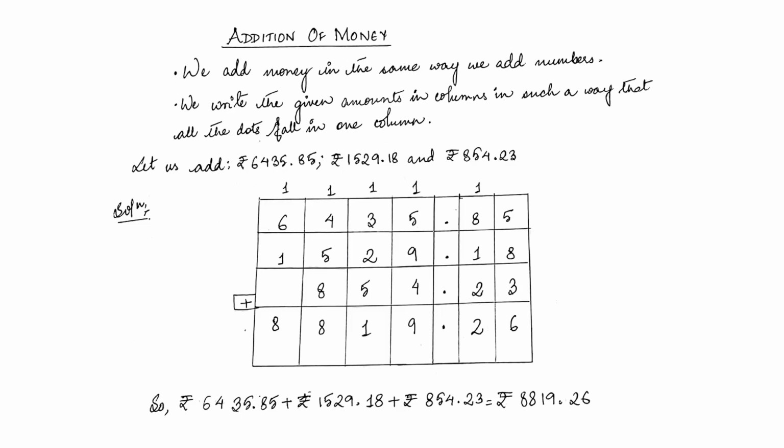So first of all we will arrange all the amounts in such a way that all the dots fall in one column as I have shown. Then we will add. So after adding all the three amounts, the answer will be rupees 8819 and 26 paise.